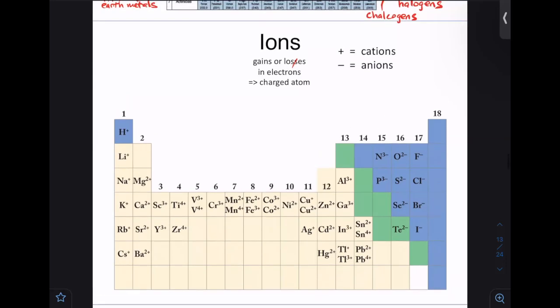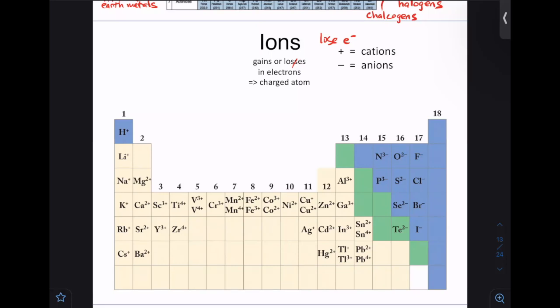So when something loses an electron, and I'm just going to symbolize an electron with a lowercase e with a negative sign on it, when you lose electrons but the protons stay the same, overall you're going to have a positive charge, right? Because you have fewer electrons than you have protons.